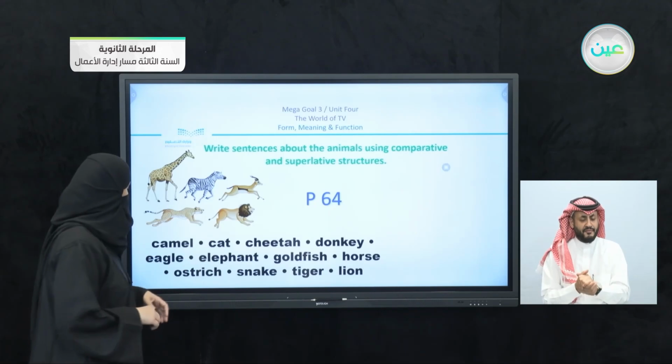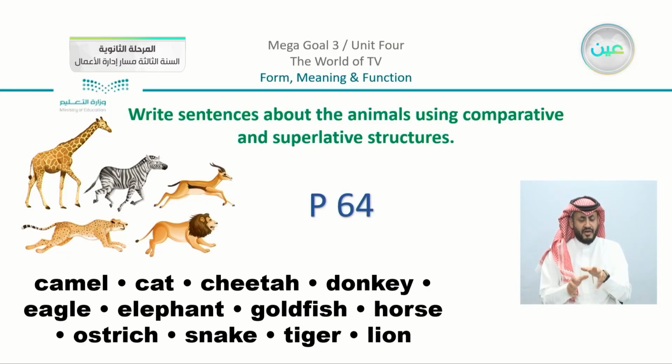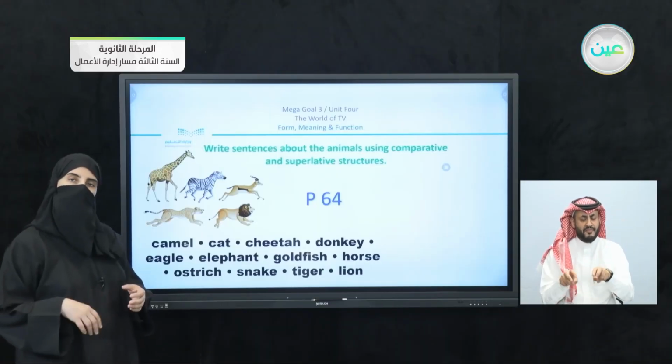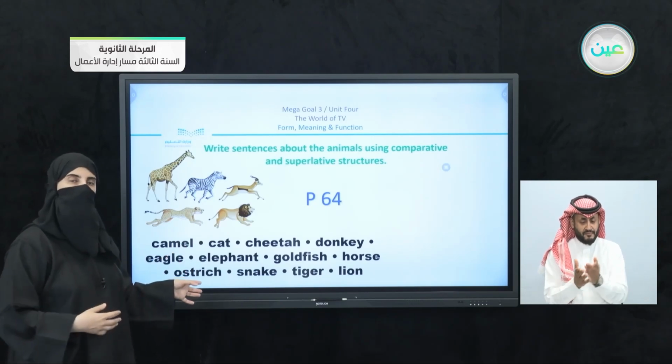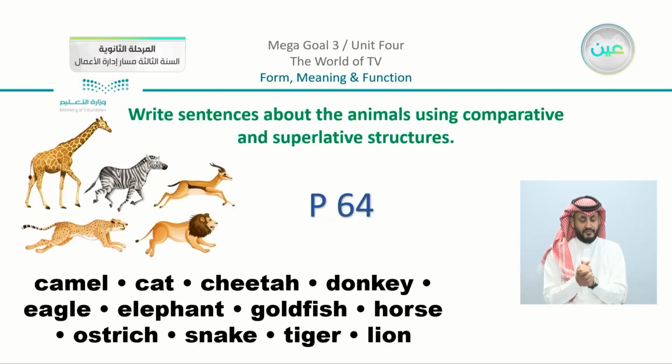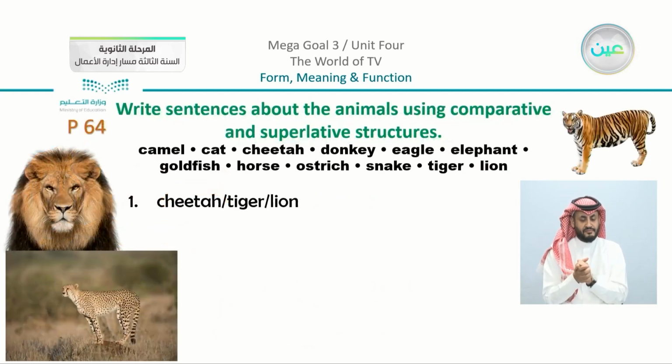There's the donkey, eagle, elephant, goldfish, horse, ostrich, snake, tiger, and lion, and of course much more. So we are going to just use the examples that we have in the book here. We are going to compare as the book instructs us to, using the comparative and superlative.